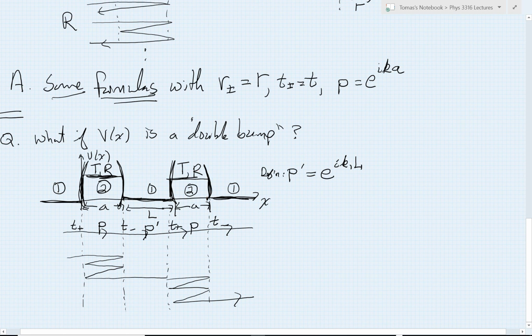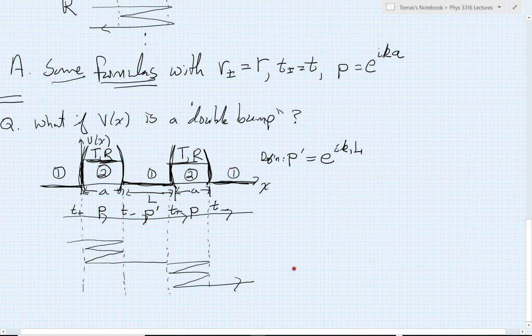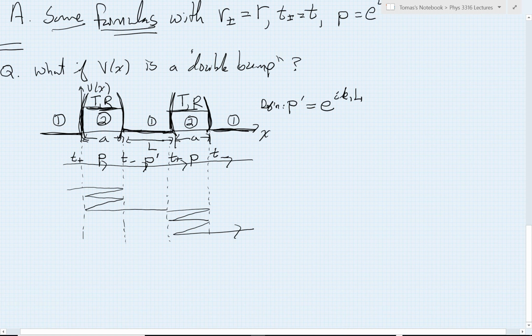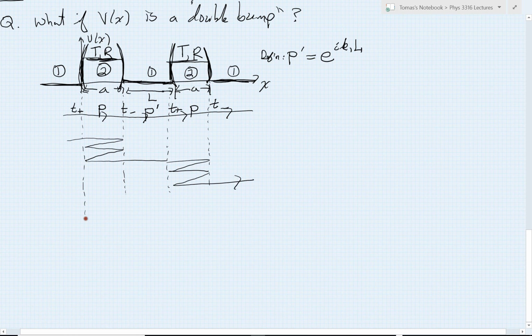Now, we can actually begin to see why this is a reasonable approach. It really is just a way of organizing the various terms that we can have. So let's take a look at this complicated process that I had indicated here. This is just one of many possible processes that have the following feature.